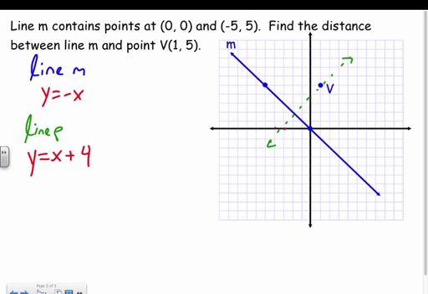With my 2 equations, I can set up a system of equations. So I have y equals -x, and I have y equals x plus 4.